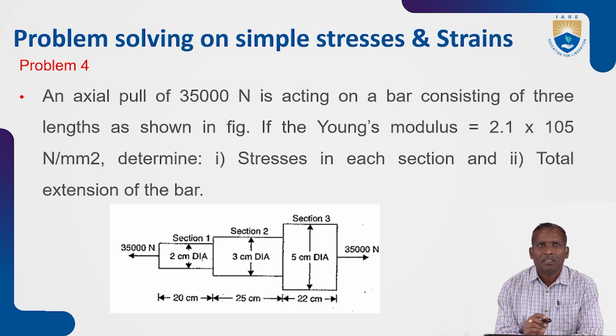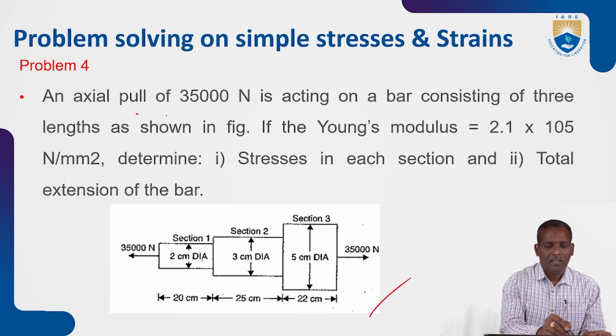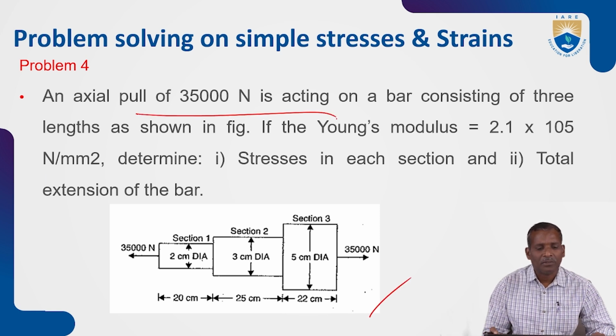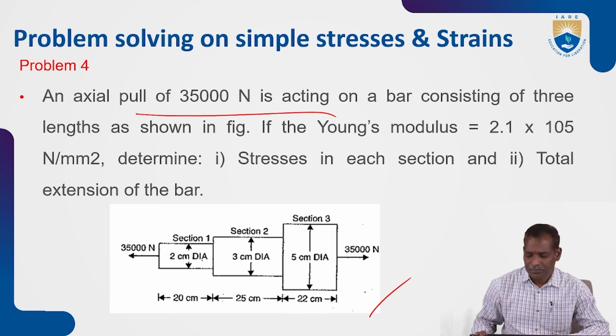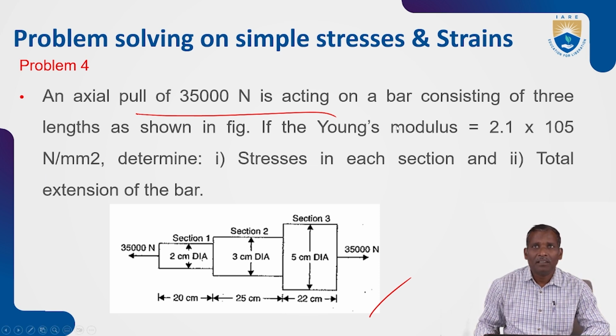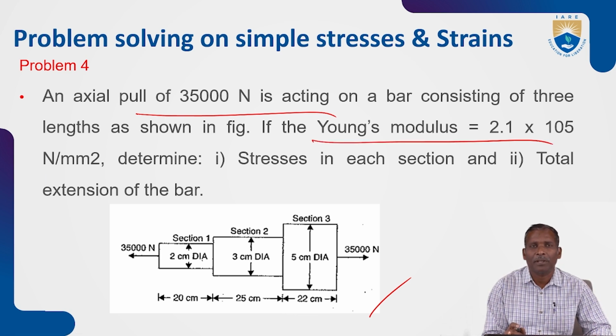In this problem, an axial pull of 35,000 newtons is acting on a bar consisting of three lengths, as shown in the figure. Young's modulus is 2.1 into 10 to the power of 5 Newton per mm square.